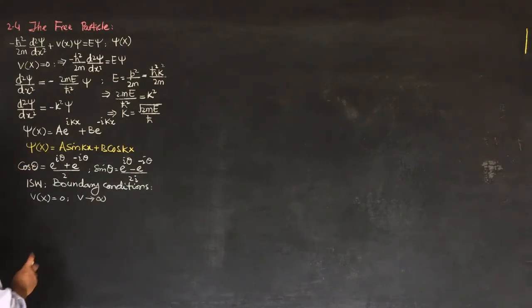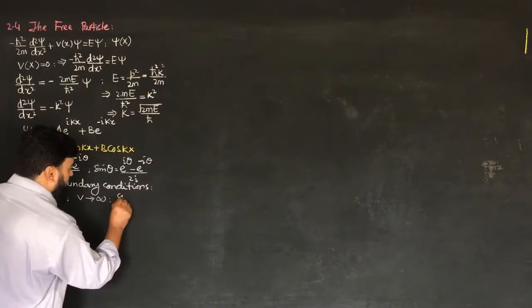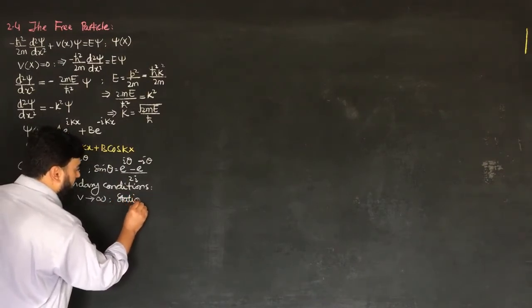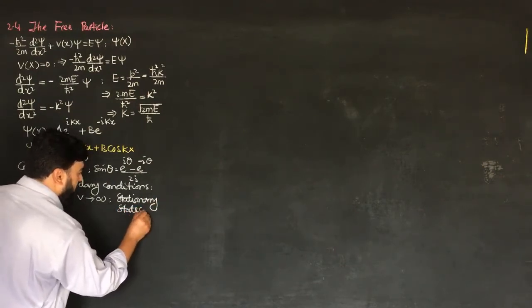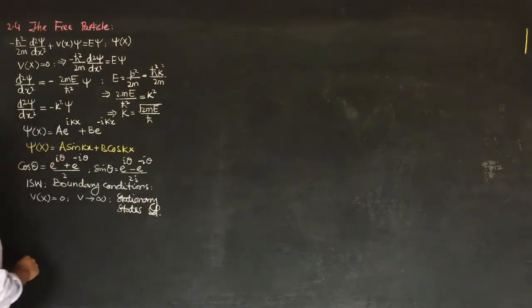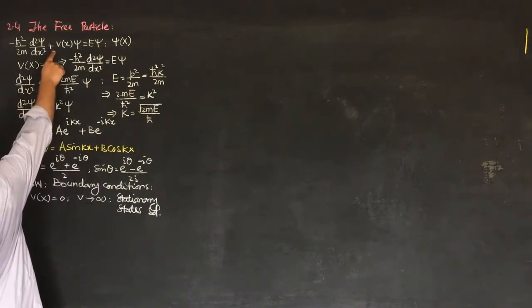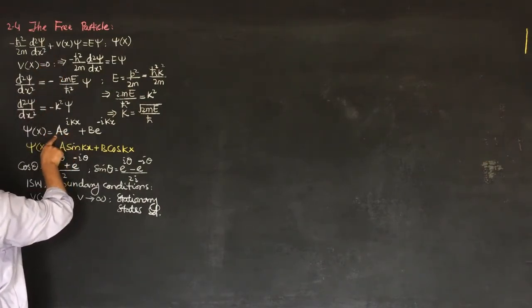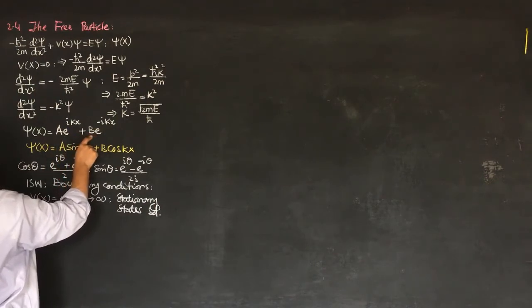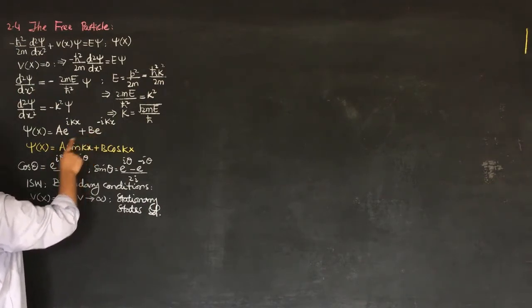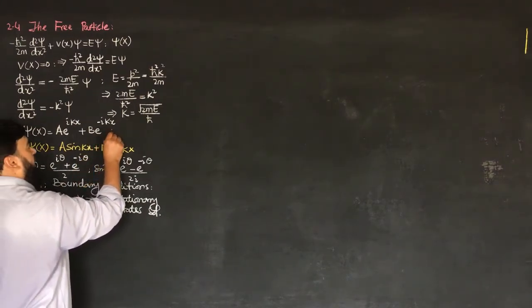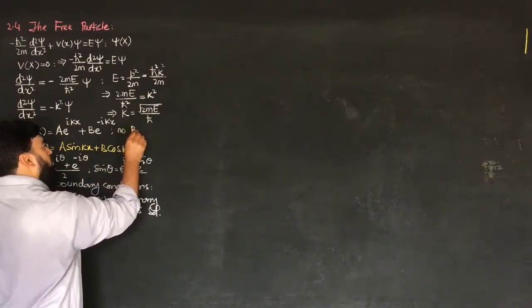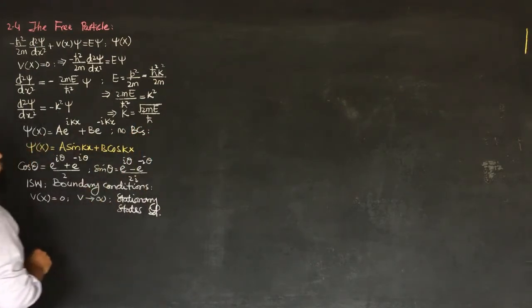The particle was bound inside this well, and it was having a stationary states solution. Now in the case of the free particle, this e to the power i kx is actually representing a free particle, though it is having the stationary state solution as well, but we are having no boundary conditions on this one.